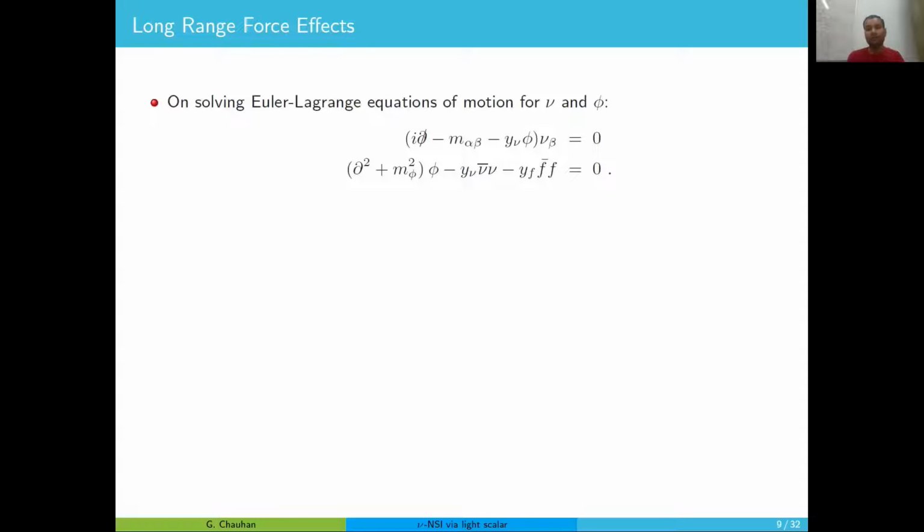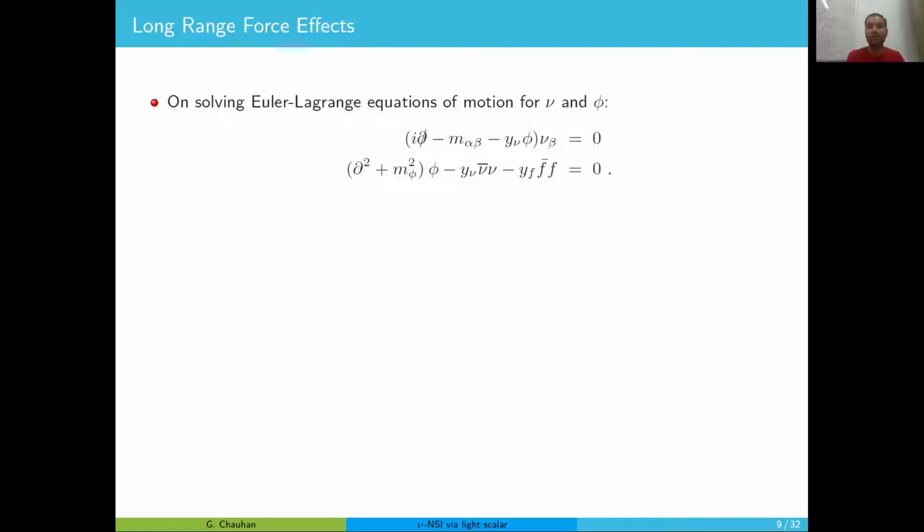So to properly calculate the effect of the finite temperature, density, plus the finite size of the medium, we cannot really depend on the field theory aspect that I discussed right now. So we start from the beginning.